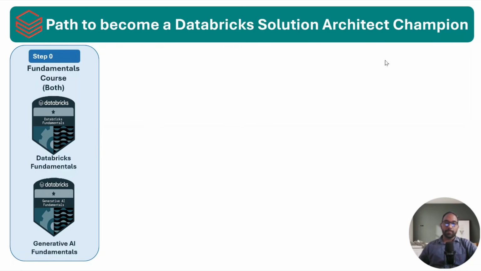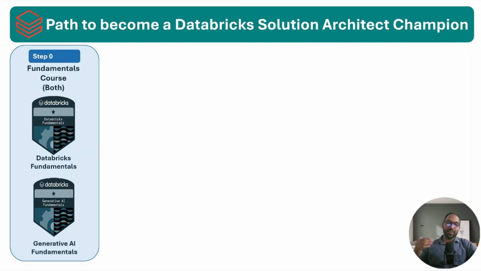And this program, the Solutions Architect Champion, is only for the associates who are part of any of the partner companies. So if you are working for a company that is an official partner of Databricks, then only this entire program is applicable for you. Without any partner company, you can't complete this program.